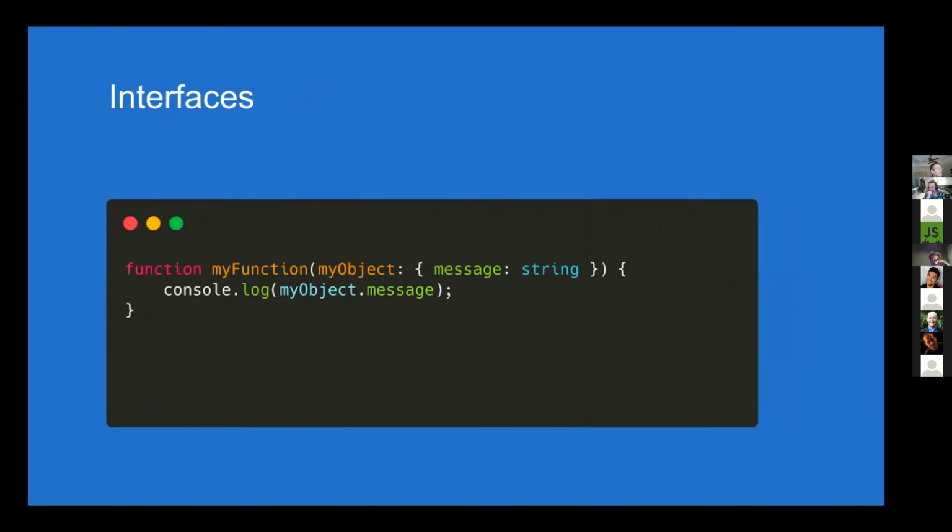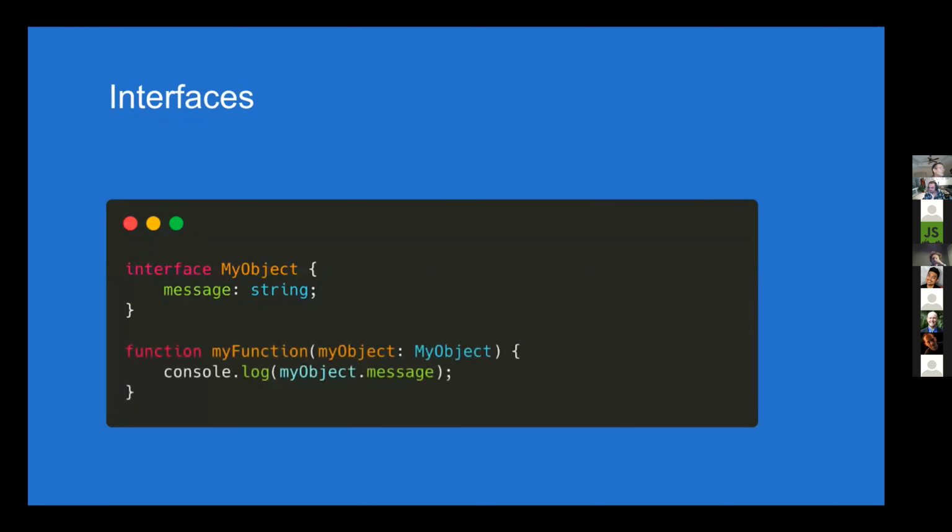All right, and like I said before, there was a better way of denoting your objects, and those are interfaces. To show an example, let's say we have a function like above that takes an object with the key message that is a string. Instead of typing it as a function argument, we can create an interface for it, which is MyObject, which contains the key message that is a string, and use that as the type in the function instead.